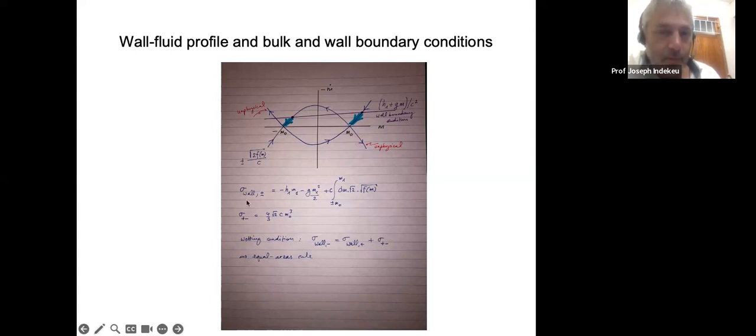Notably, the wall plus or minus surface free energy, which is written down here, takes the following form: minus h1 m1, we know that, minus g m1 squared over 2, we know that. And then comes the integral, which, making use of the Euler-Lagrange equations and the first integral, can be written as the integral from plus or minus m0 to m1 of this square root of 2f function as a function of m.